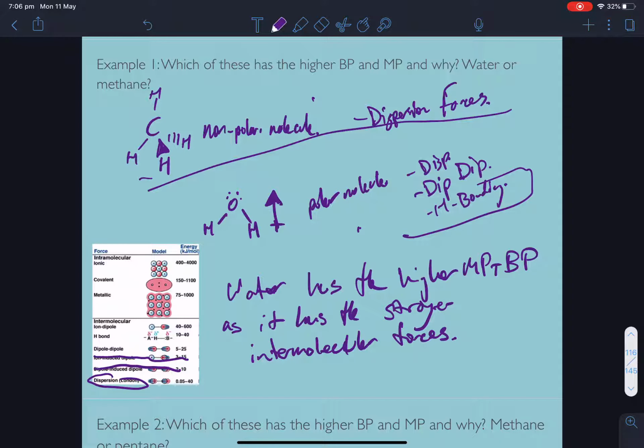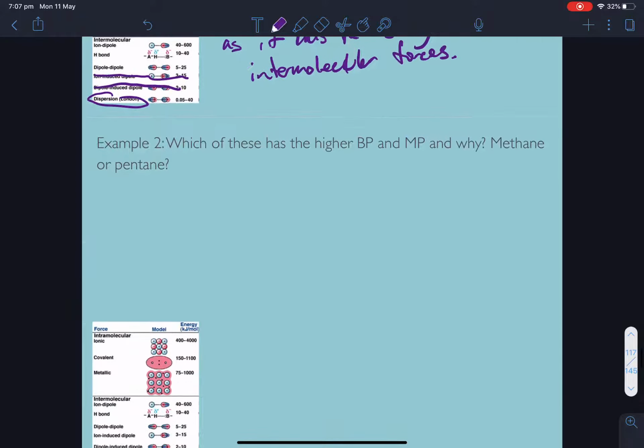That's the methane that we're seeing there, so it's a gas. It has a much lower melting point and boiling point, so at standard temperature and pressure, it's a gas, whereas water is a liquid. It sticks together much, much better, much stronger, because it has those hydrogen bonding and dipole-dipole interactions.